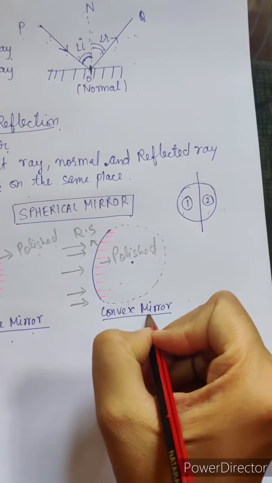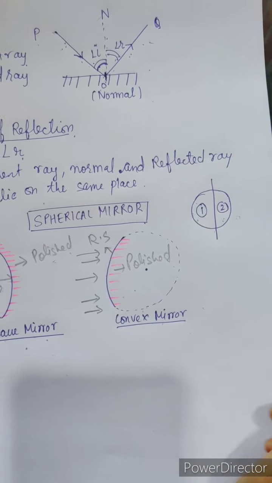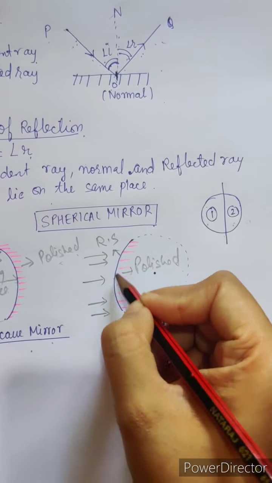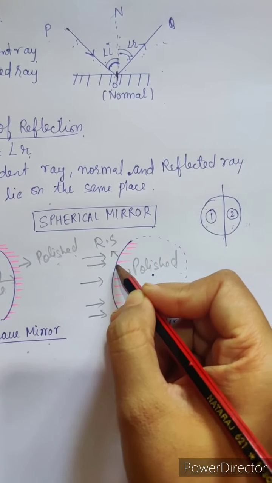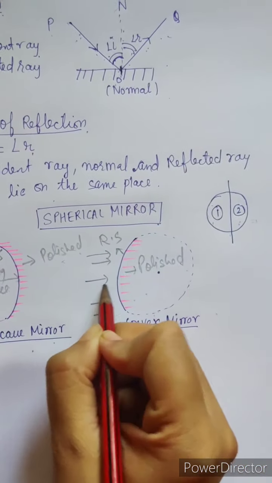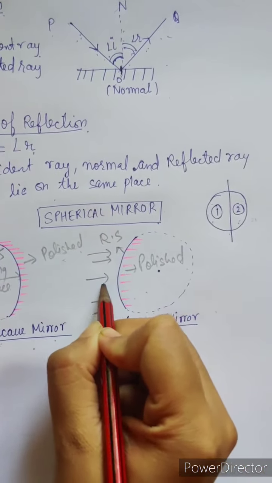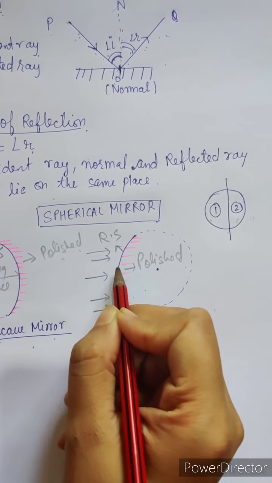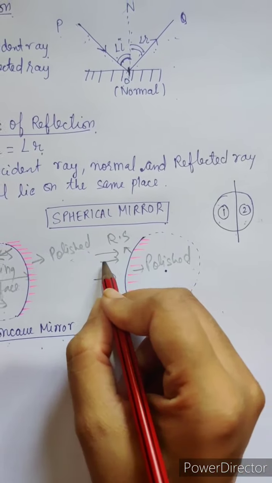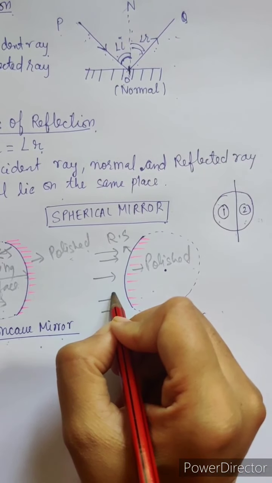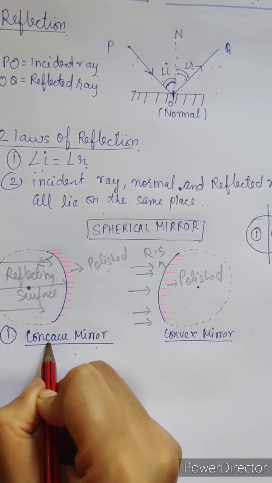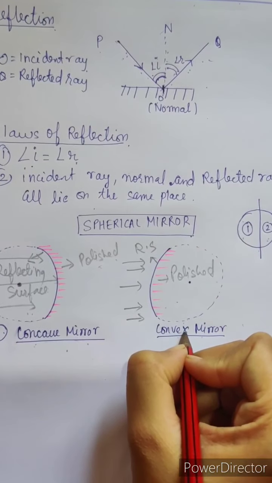The opposite is the convex mirror, in which the reflecting surface is curved outward. The outside of the spherical mirror acts as the reflecting surface. I hope everybody understood concave and convex mirrors.